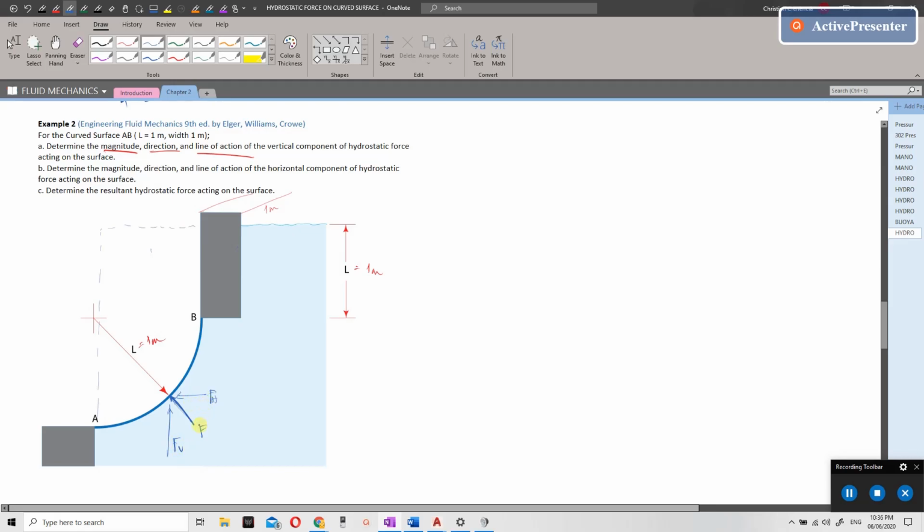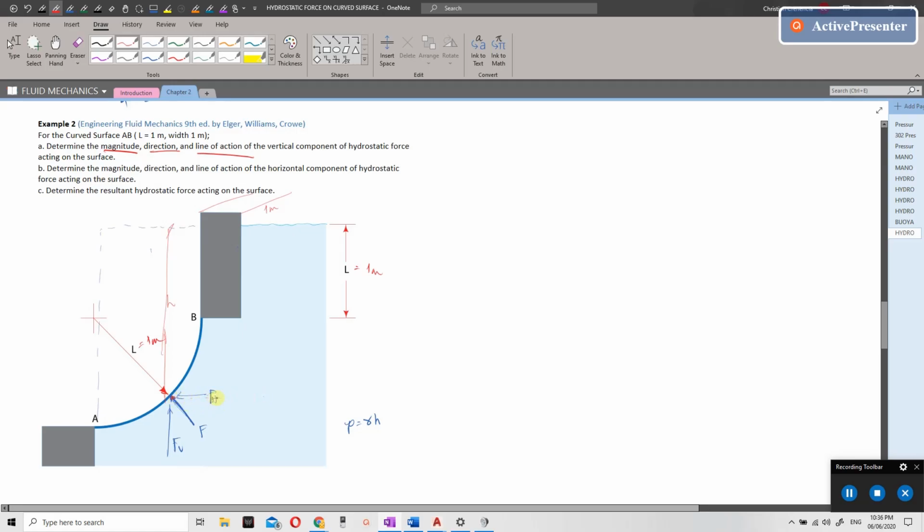Again, for a circular surface, the force is applied perpendicular to our surface. Although we have no liquid above, we still have pressure underneath, which is equal to the pressure of hydrostatic force, that is simply equal to gamma, the unit weight, times the depth h. So if we had liquid up here, consider this our h.